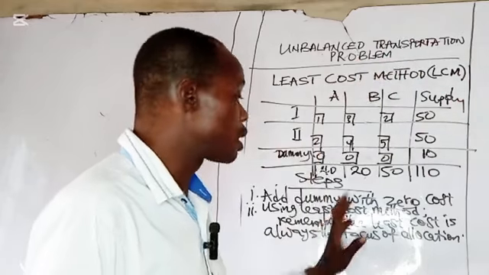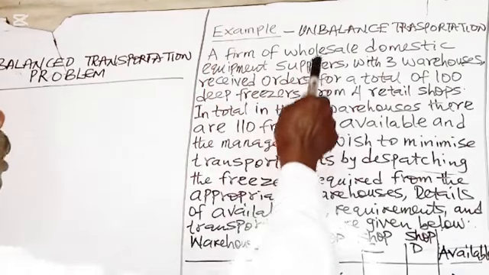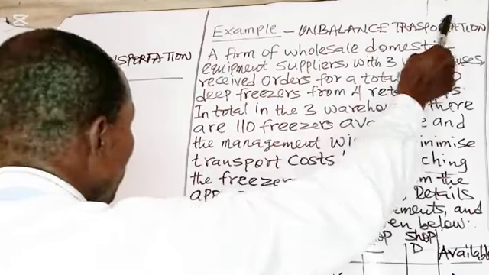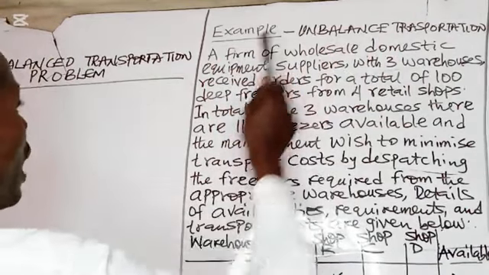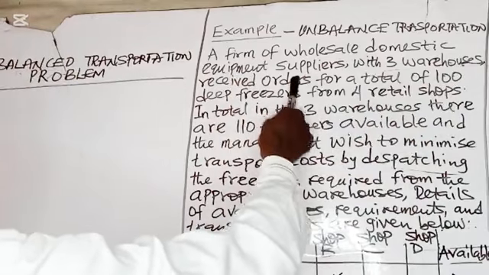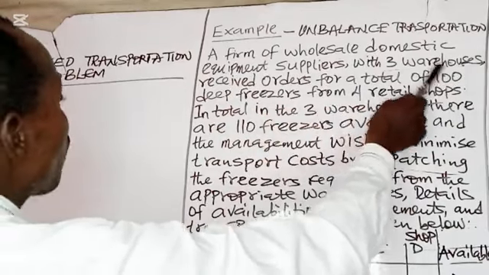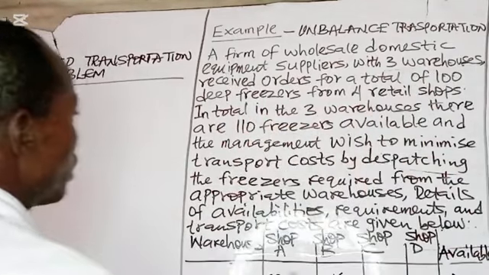So I want to take a question as worked example. Example, unbalanced transportation. A firm of wholesale domestic equipment suppliers with 3 warehouses received orders for a total of 100 deep freezers from 4 retail shops.